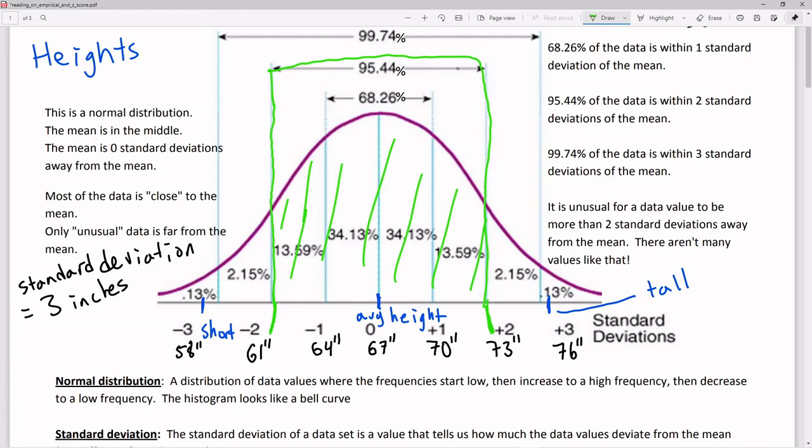But if you are shorter than 61 inches or taller than 73 inches, we're going to say you have an unusual height. And our brain's going to be like, oh, that's a tall person up here. Or down here, our brain's going to be like, oh, that person's short. That's it. That's the idea.